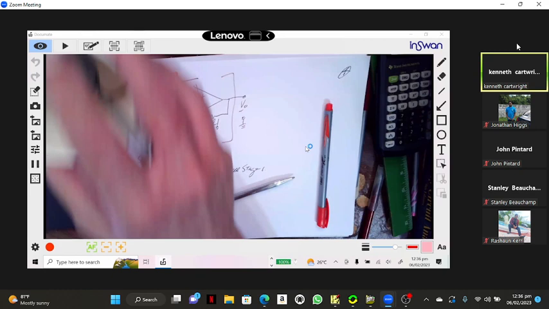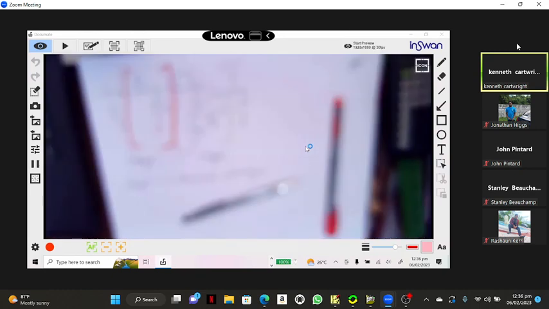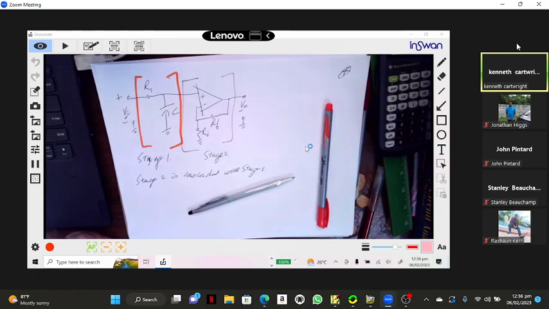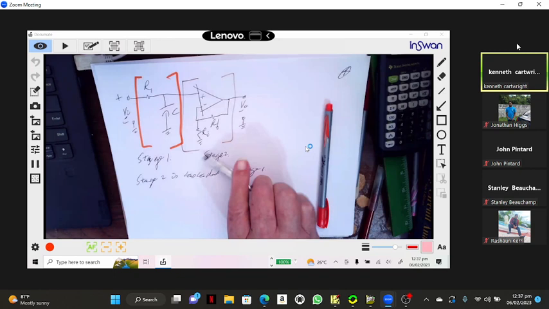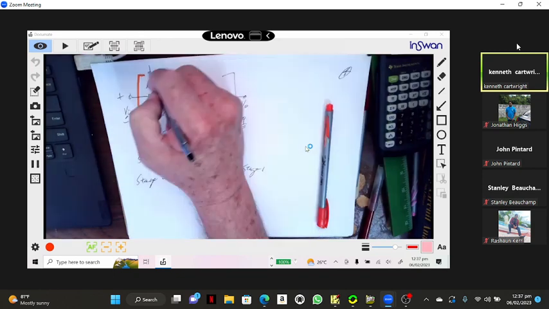Oh, goodness. Okay. When you cascade stages, you multiply the transfer functions. Again, this is from 235. So this has a transfer function, and this has a transfer function.